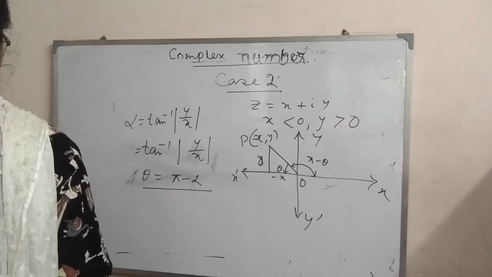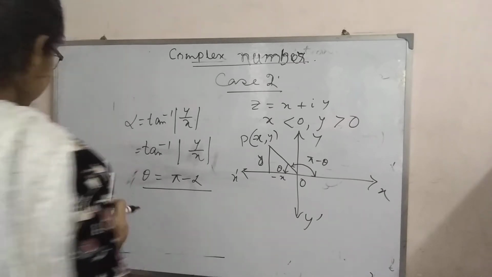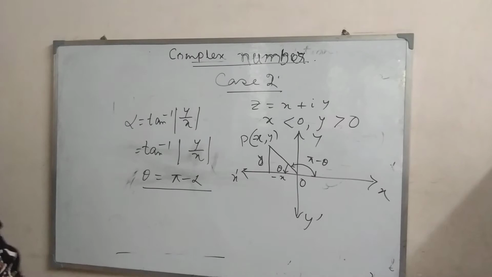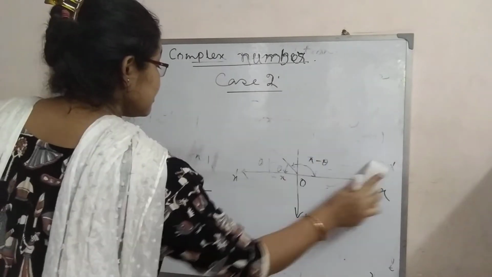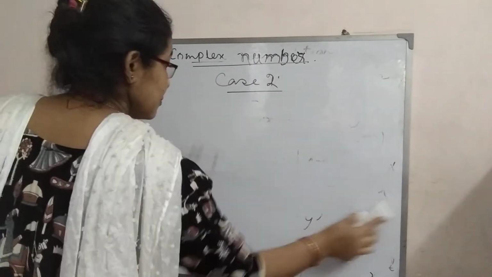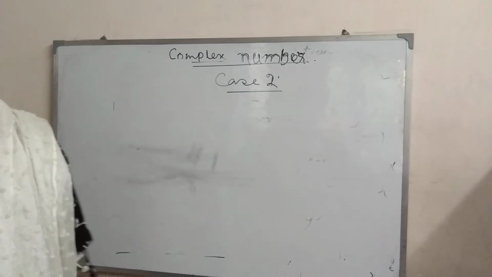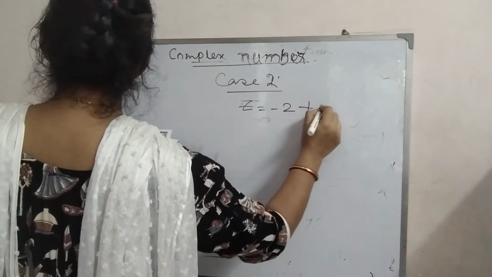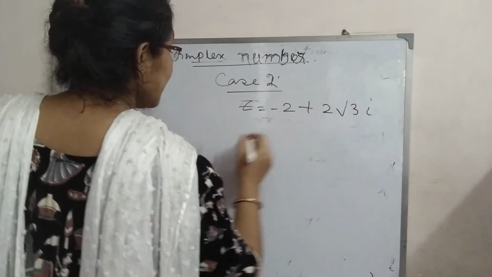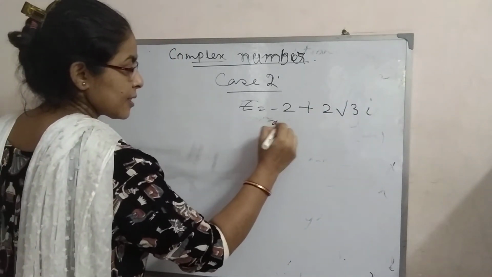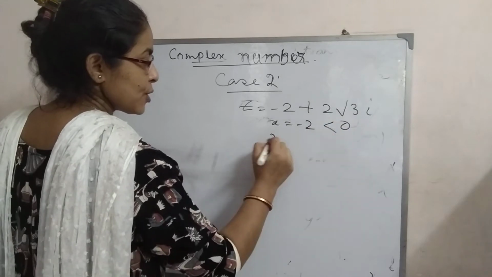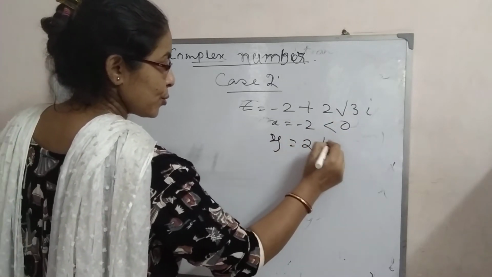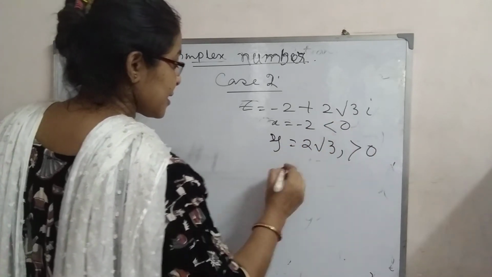With an example I will explain it. If z equal to minus 2 plus 2 root 3 i, then here x equal to minus 2, that is less than 0, and y equal to 2 root 3, that is greater than 0.